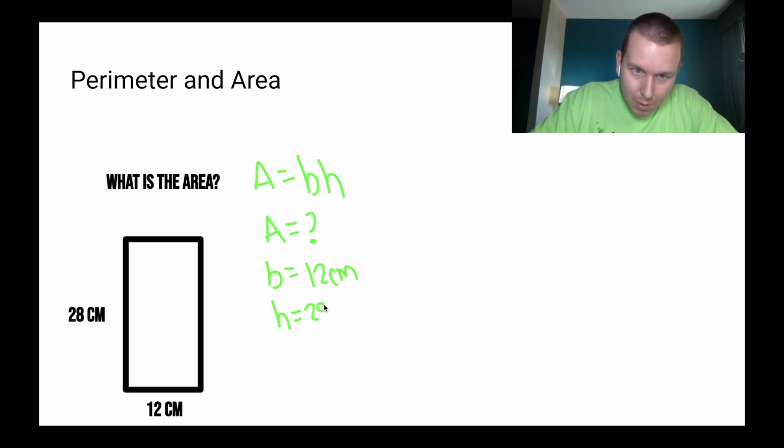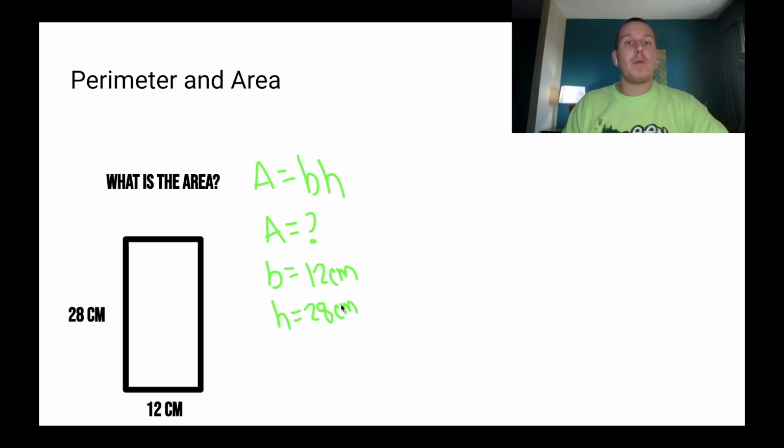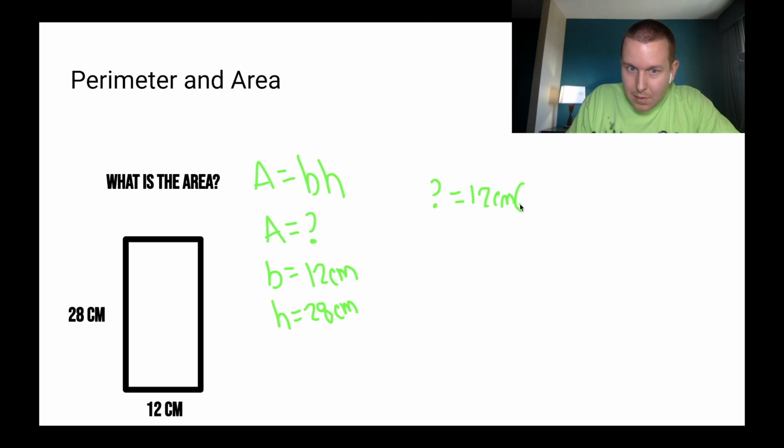So now we listed what we know and what we don't know, we can start plugging it into our formula. So we'll come over here, and we know question mark equals 12 centimeters times 28 centimeters, okay?